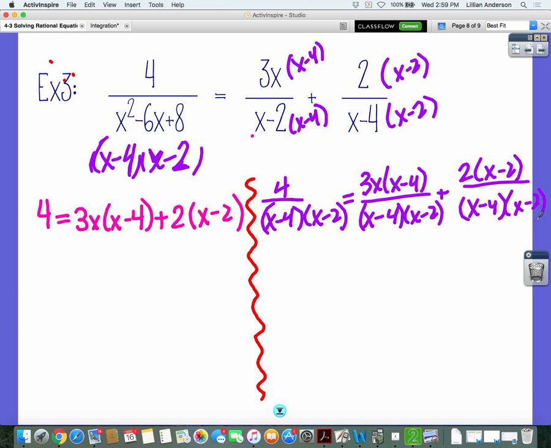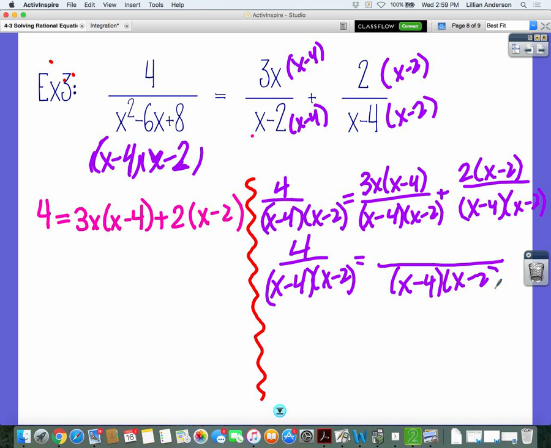And technically, since both sides will have the same denominator, you can just get rid of it. And I will be right back to where I was.